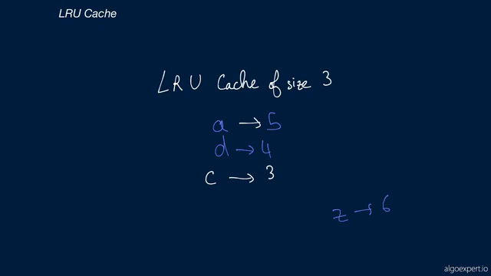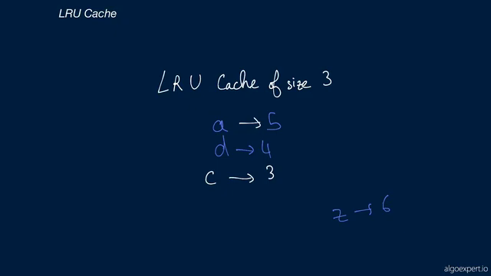But then, how would we access the most recently used key? How would we get the most recent key? Similarly, how would we evict the least recently used key value pair when needed?